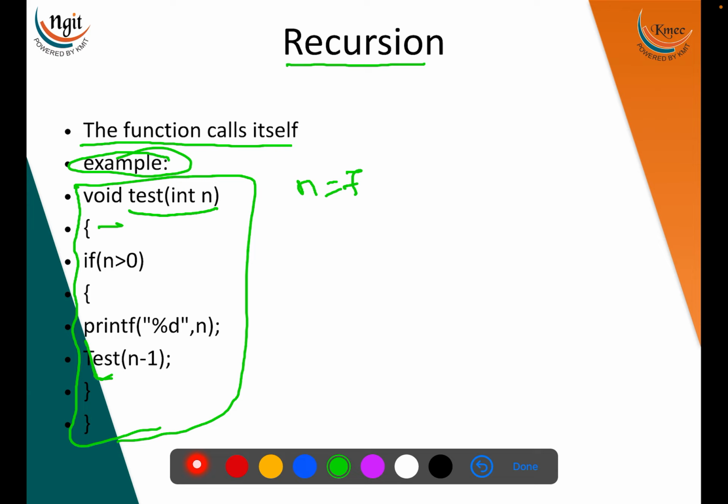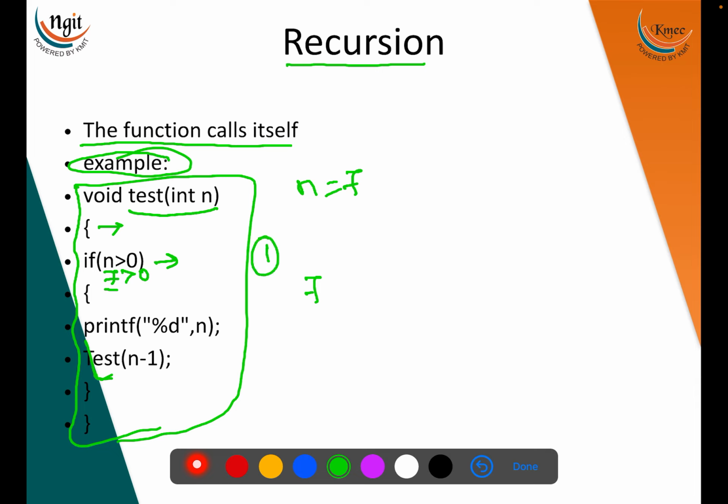we'll come to this block and to this statement. 7 is greater than 0, the condition is true. When the condition is true, it will go inside the block. printf "%d", n. What is the n value? 7. So 7 is going to be printed for the first iteration.